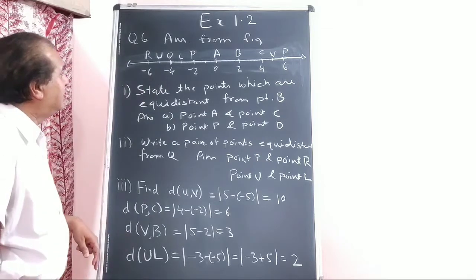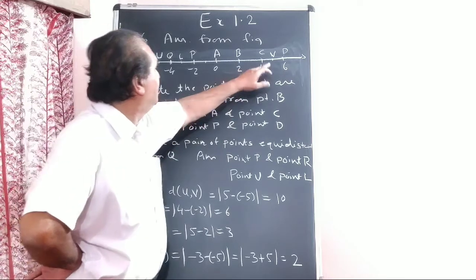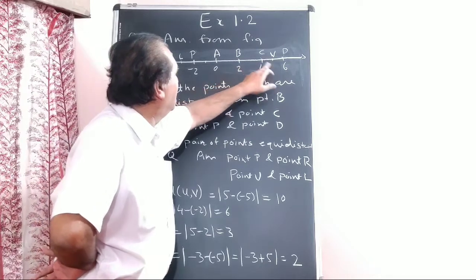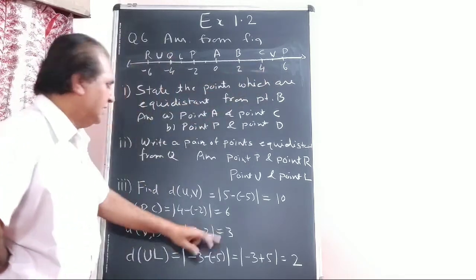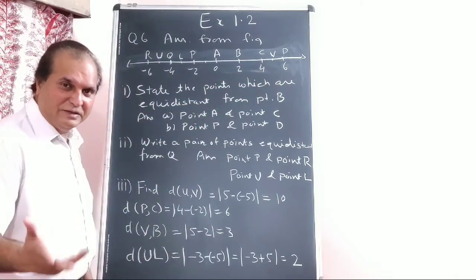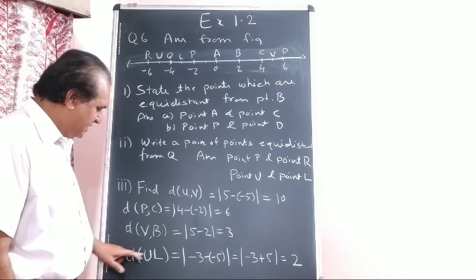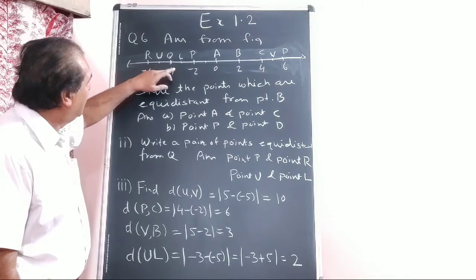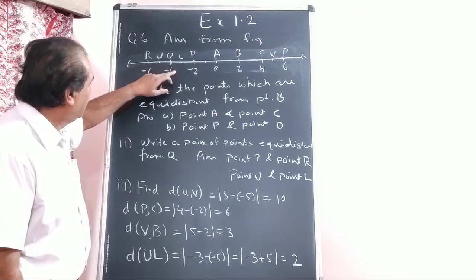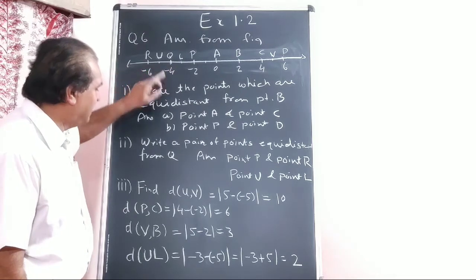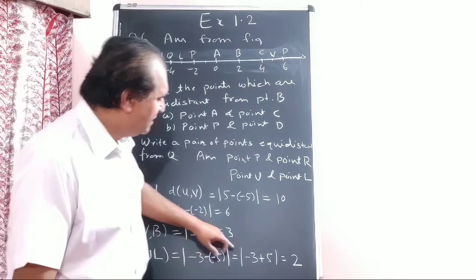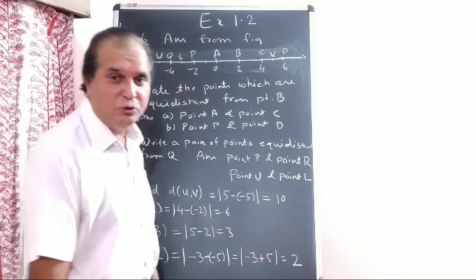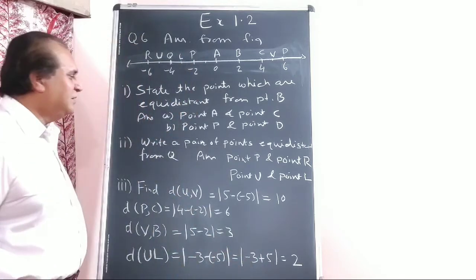Distance VB. V is 5 and B is 2. 5 minus 2, that is 3. Distance UL. U is minus 5, L is minus 3. Minus 3 minus minus 5, that is minus 3 plus 5, that is 2. Understood?